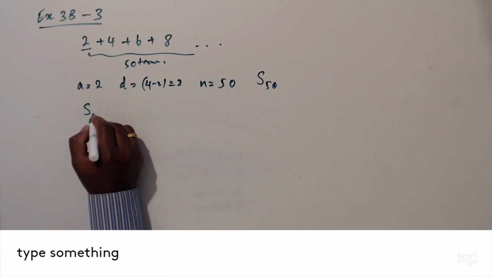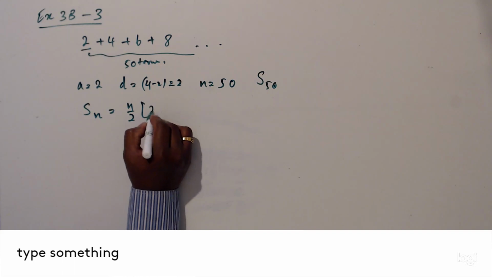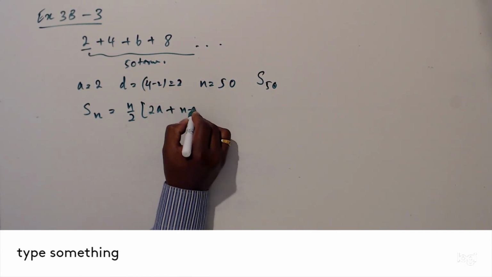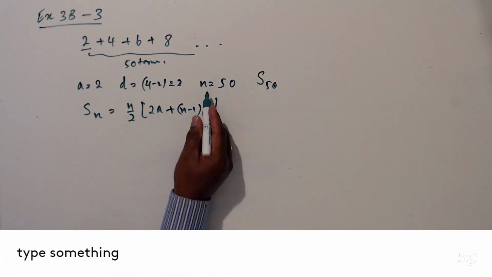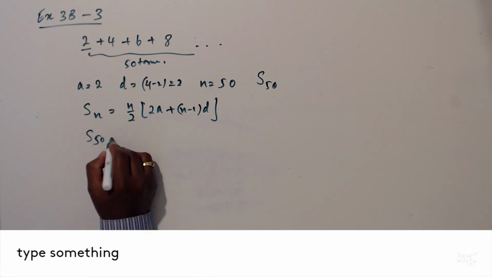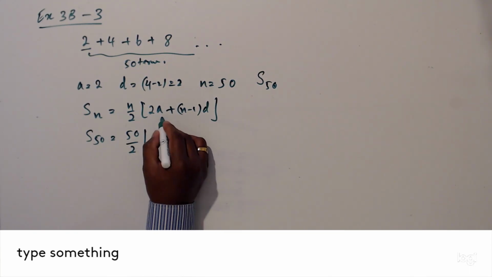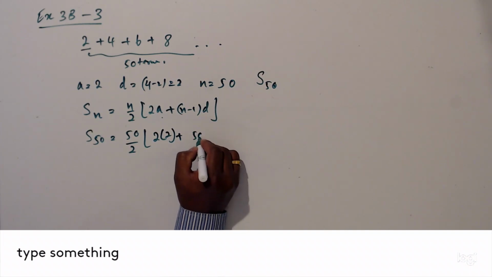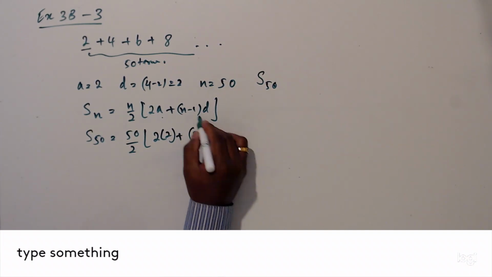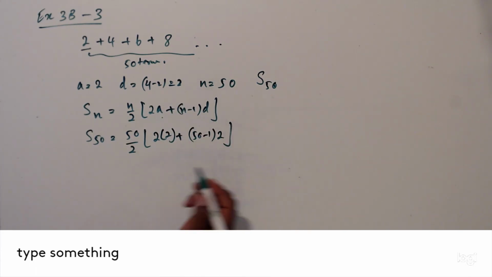The formula is Sn equals n divided by 2 times (2a plus (n minus 1) times d). Now we know n is 50. S50 equals 50 divided by 2 times (2a, which is 2 times 2 equals 4, plus (50 minus 1) times the common difference 2).